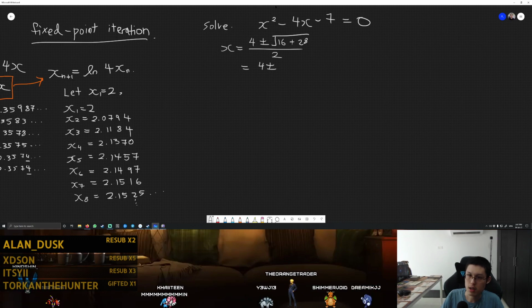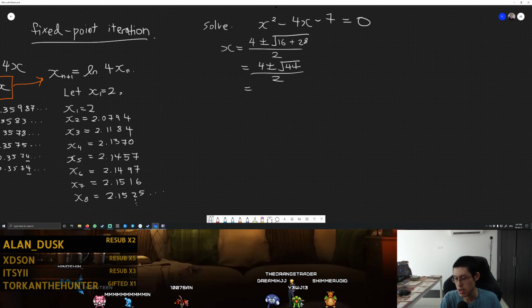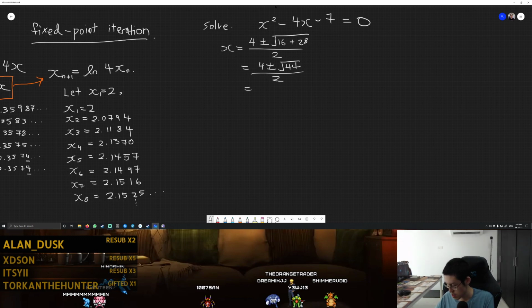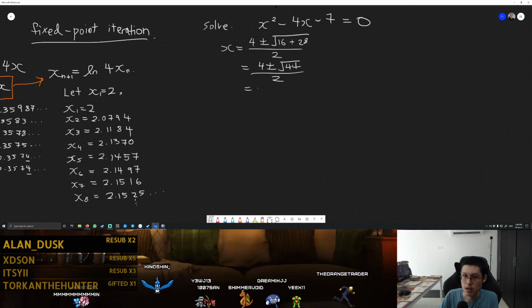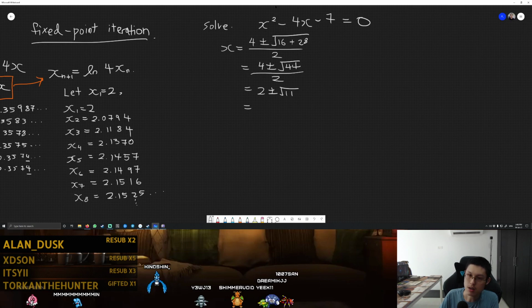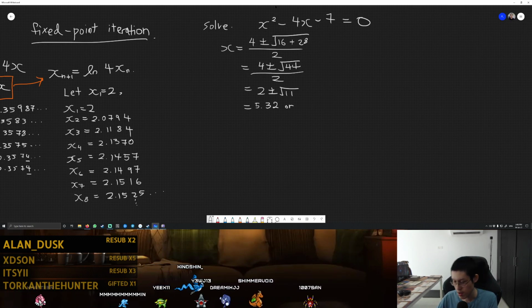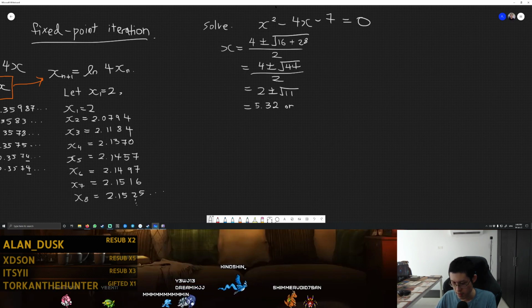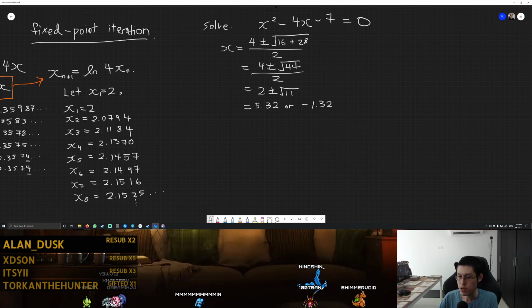So 4 plus minus root 44 over 2, which is 2 plus minus root 11, which is either 5.32 or negative 1.32. There.